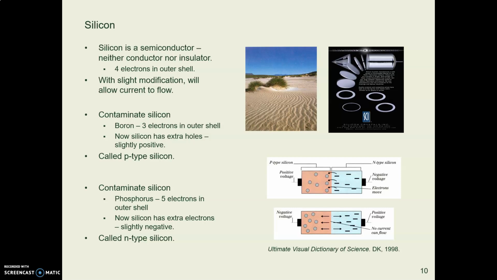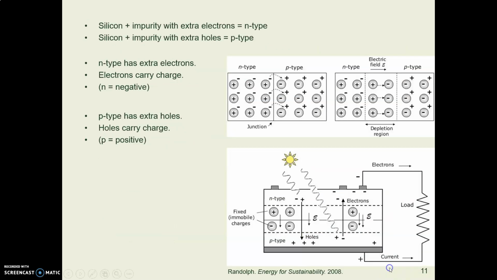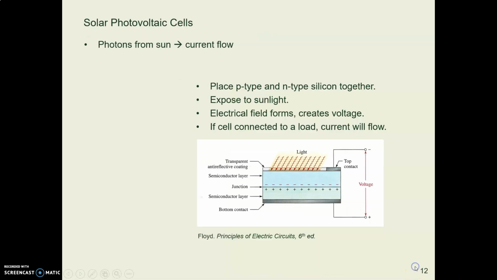If this contaminating gas has just a few more holes than normal, this silicon will come out positive, or p-type. And so you put the n-type and p-type, the negative and the positive, together, and you get a junction. And at that junction, that's where stuff happens. Voltage causes current to flow.